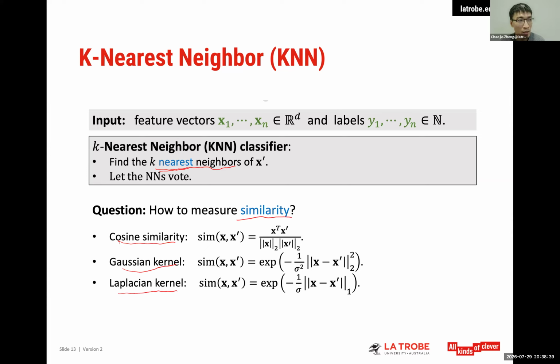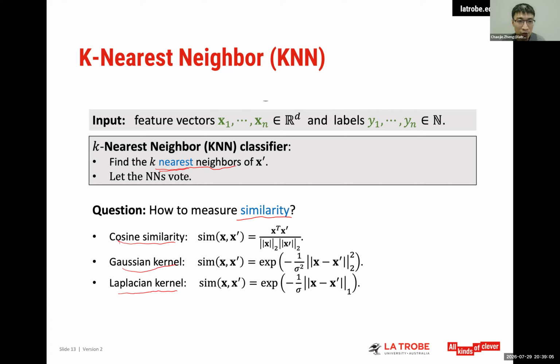Sometimes we don't care that much about the magnitude or the Euclidean distance between two data points. We care more about the angle of the data vectors, or the angle similarity.